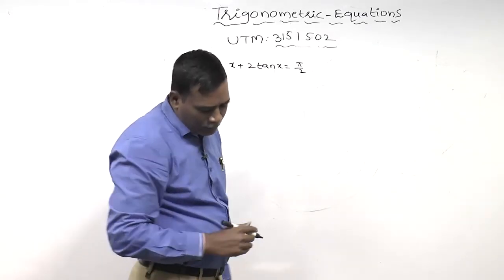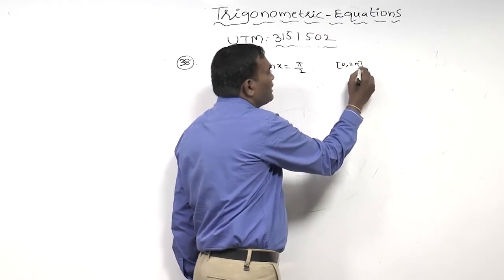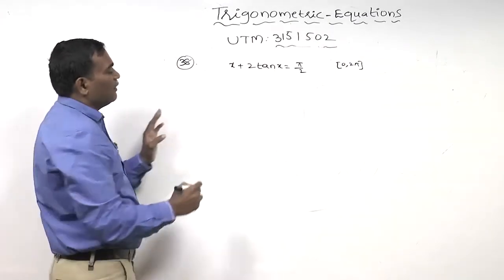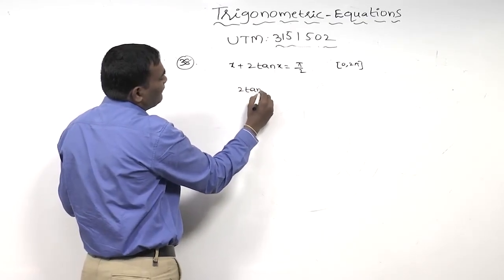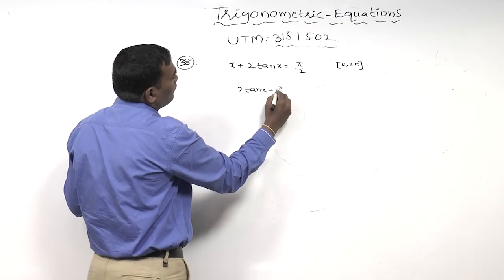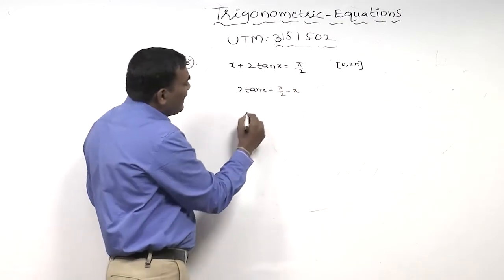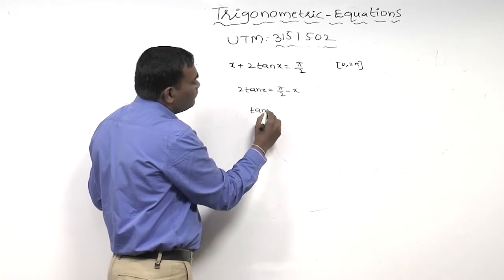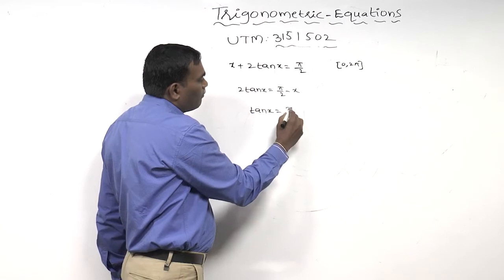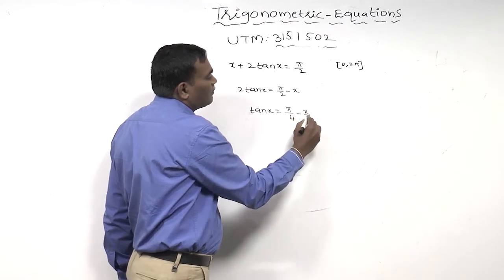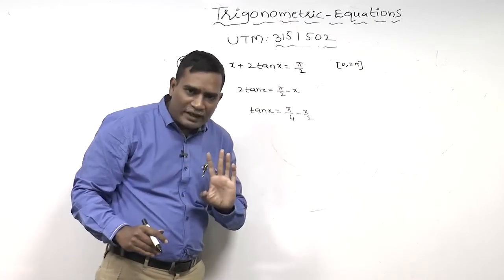The number of roots of the equation in 0 to 2 pi. Here we can write 2 tan x is equal to pi by 2 minus x. Next, tan x is equal to pi by 4 minus x by 2.